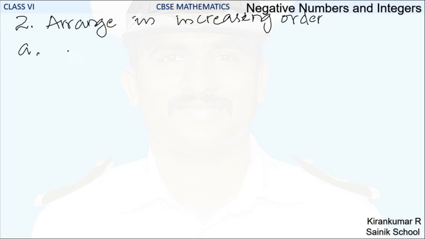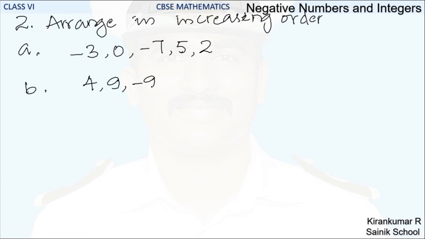In that first one, -3, 0, -7, +5, +2. Second one, +4, +9, -9, -4 and +6. Third one, -7, -8, +9, +10 and 0.